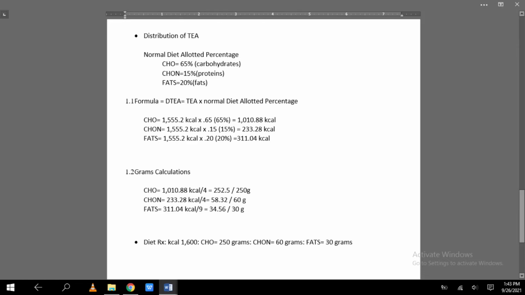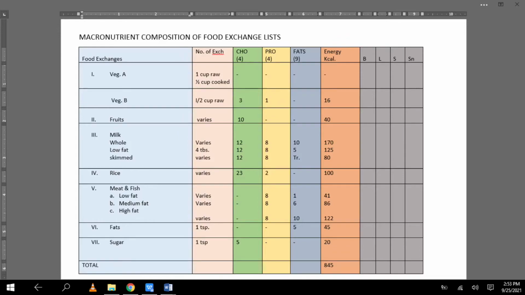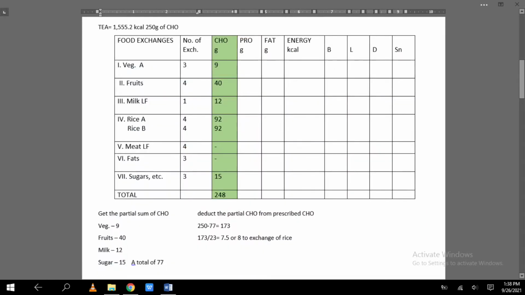So my diet prescription is, for carbohydrates 250 grams, for proteins 60 grams, and for fats 30 grams. So this is the macronutrient composition of food exchange list. My diet prescription for carbohydrates is 250 grams.